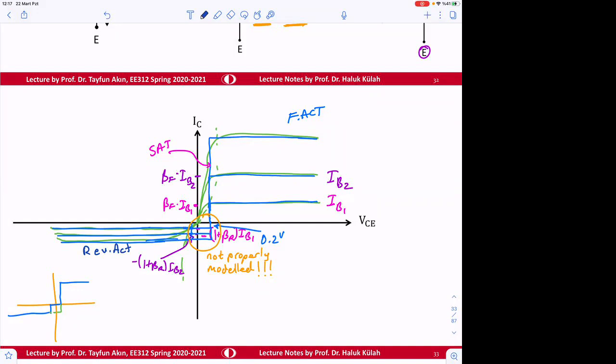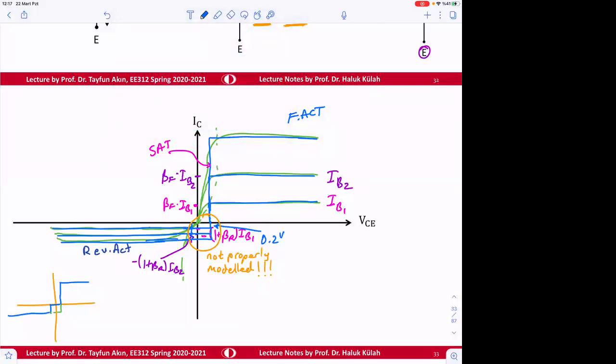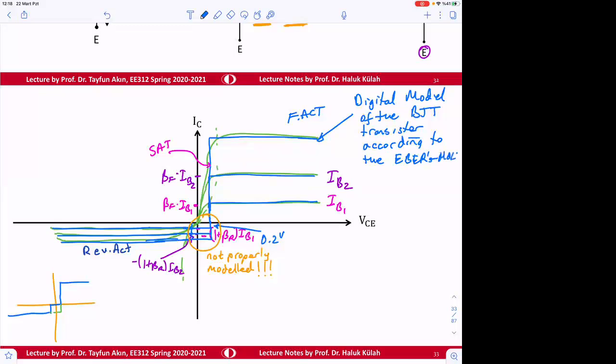Okay, there's no problem with the off region. So here, the blue ones are the digital model of the BJT transistor according to the reverse model. Okay.